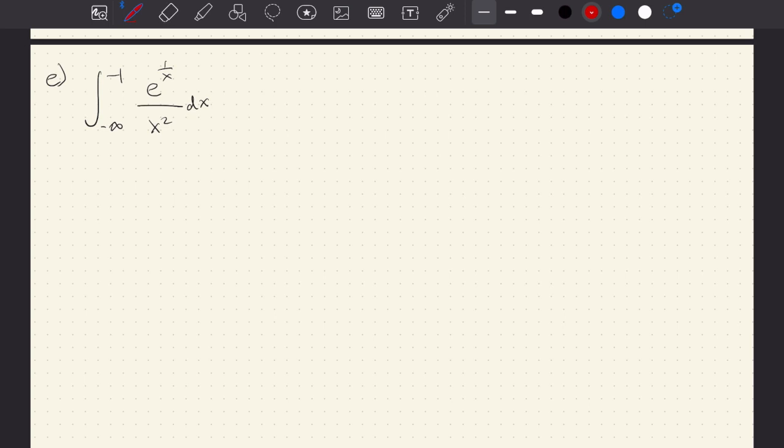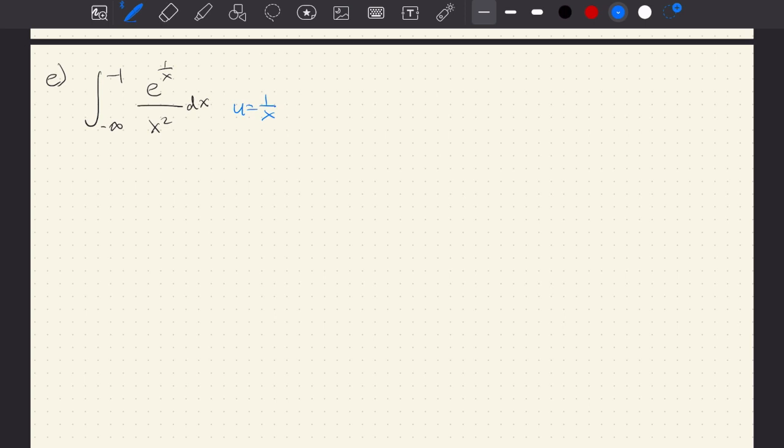So if we do u substitution, there are some choices we can make. For example, we can guess that we let u be the denominator, so u equals x squared, but you can try it and you can see that it does not work, because you cannot deal with e to the 1/x power with this substitution. Another way to tackle it is to let u equals 1/x, okay?